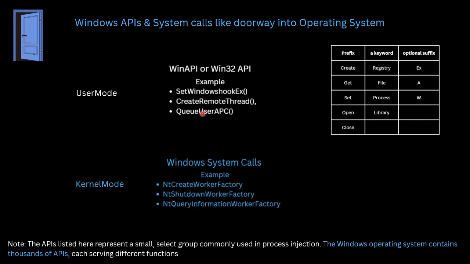And then you have the kernel mode system calls, or you can also call them APIs, but the appropriate referencing to them is system calls. Again, this is not an exhaustive list of all system calls. These are just some system calls which are really important from a process injection perspective, so I'm discussing only these.